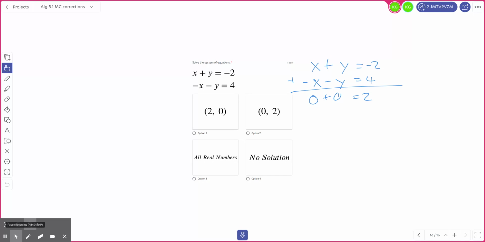So I end up with 0 plus 0 equals 2, which is never ever true. It's false. 0 does not equal 2. So our answer here is no solution. When both variables cancel out, it can either be no solution or it can be all real numbers. If I had got something like 0 equals 0, then all real numbers would be the solution.